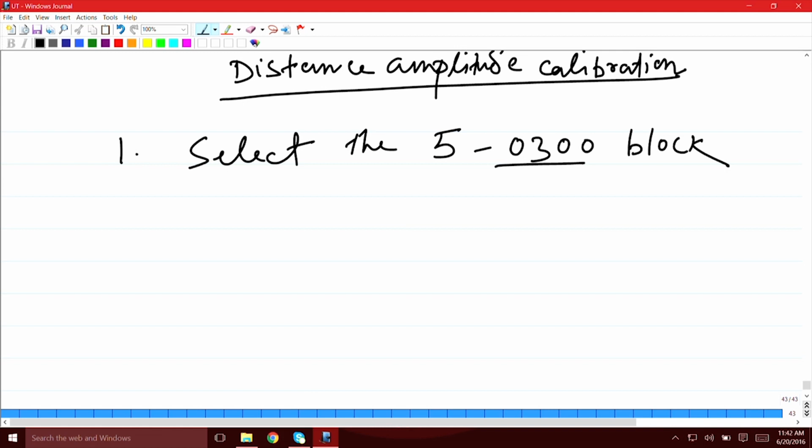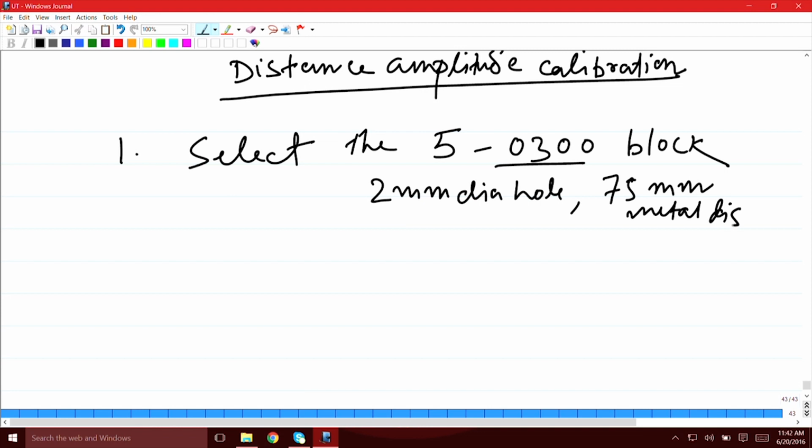Okay. So, you have a 2 mm diameter hole and 75 mm of metal distance in the first block that you have selected in order to calibrate the distance.